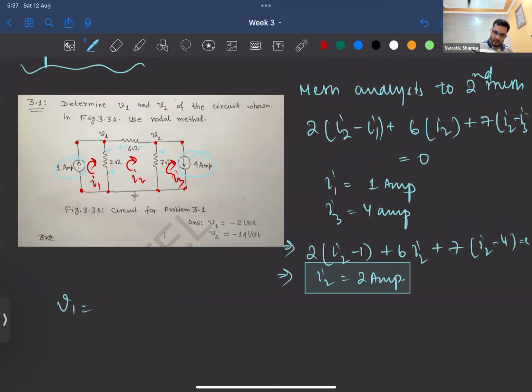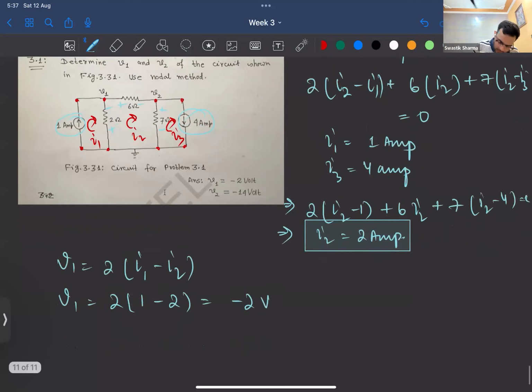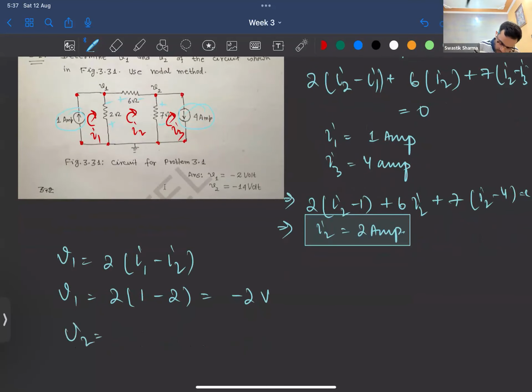So V1 is nothing but 2 into (I1 minus I2). Now I1 is 1 ampere and I2 is 2 amperes. This comes out to be -2 volts. And what is V2? V2 is nothing but 7(I2 minus I3), right?